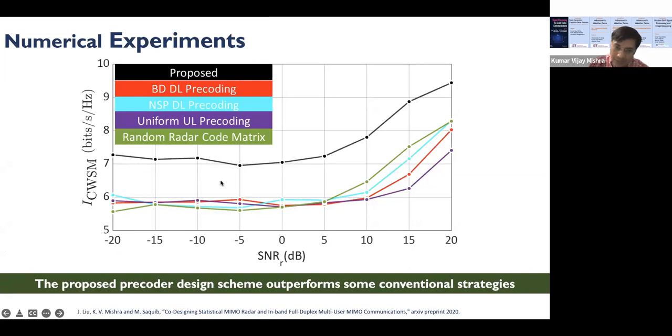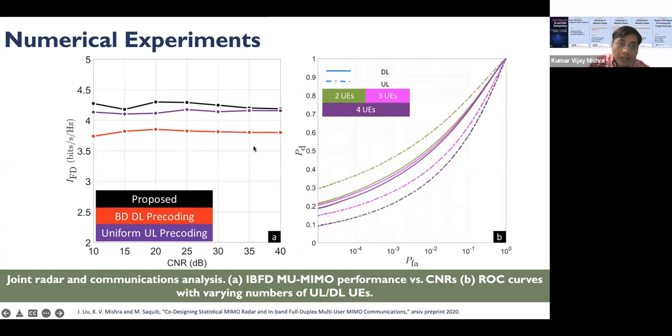The CWSM is much higher with our proposed waveforms, precoders, and filters, because obviously it was optimized for those variables, compared to some of these standard waveforms or conventional precoders. Then here we compare the full duplex performance as well in the presence of self-interference. And again, the proposed scheme gives a better performance.